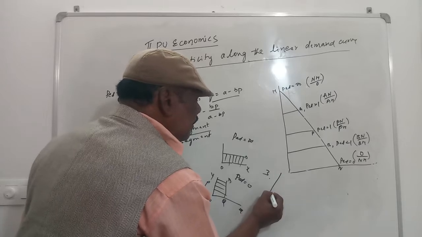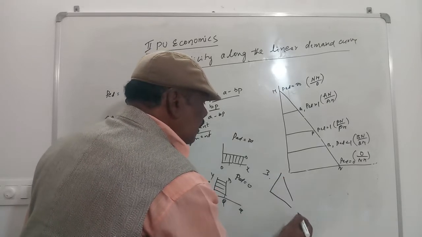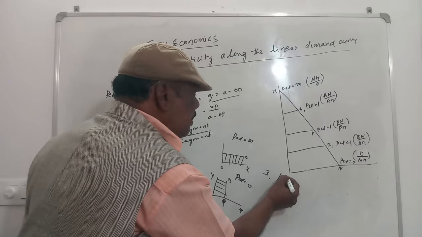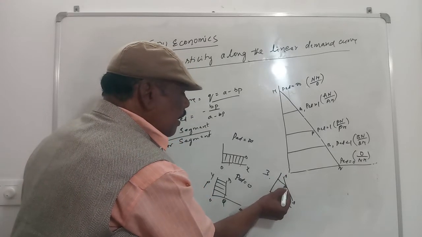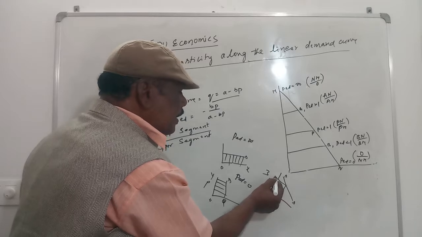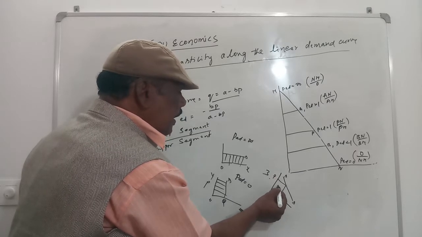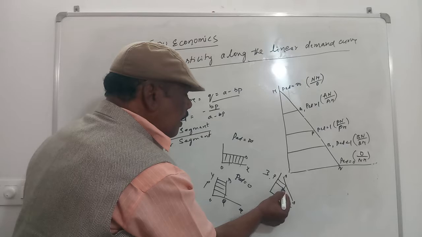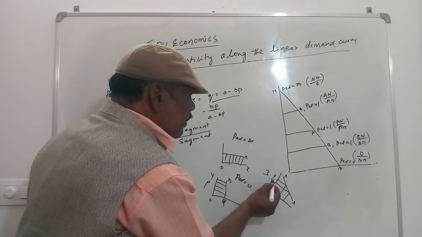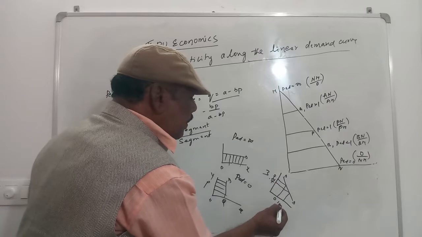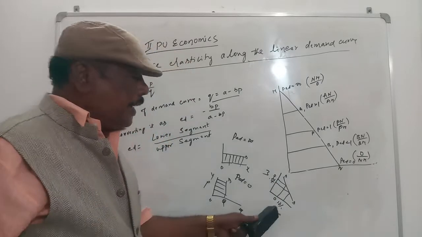This is the demand curve. The demand curve is flattened, somewhat flattened. At this price, this is the quantity, and a 5% change leads to a 10% change in quantity demanded.